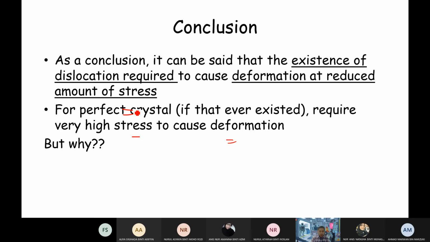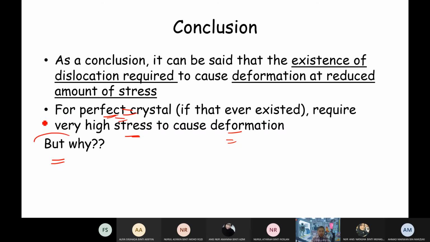Kenapa? You jawab sendiri. You cuba fahamkan from my note and try to answer this question. Why do we require a very high stress to cause deformation for perfect crystal?